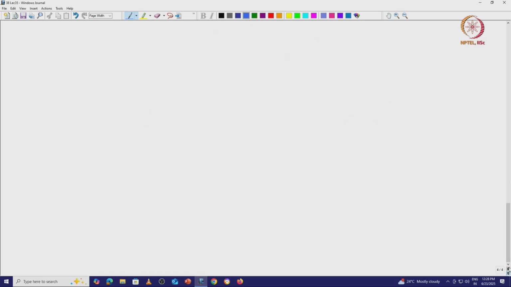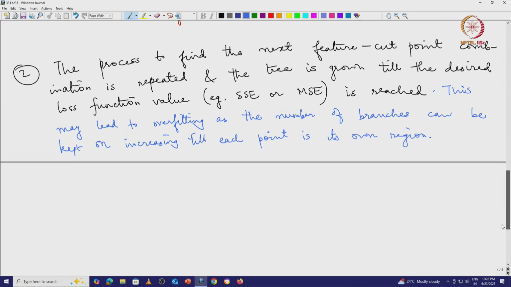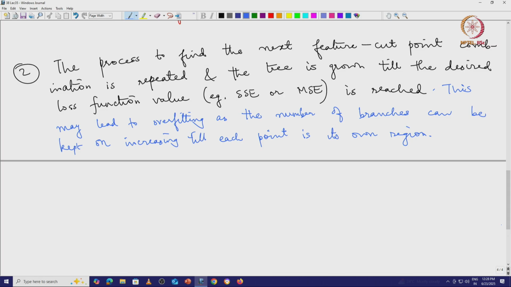It has not learnt anything, not learnt which points are similar, which should be grouped, but rather every point is its own region, and that is clearly a case of overfitting. So, if you try to test the model on unseen data, the model will perform miserably. So, that is clearly a problem.